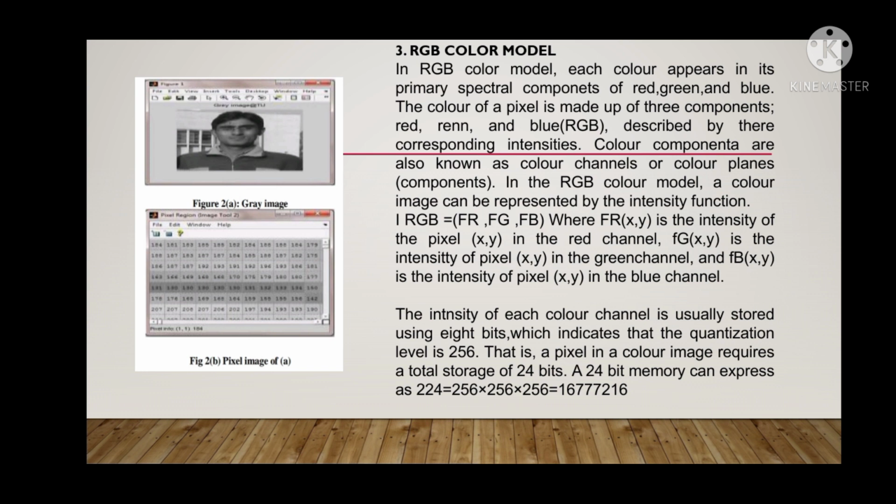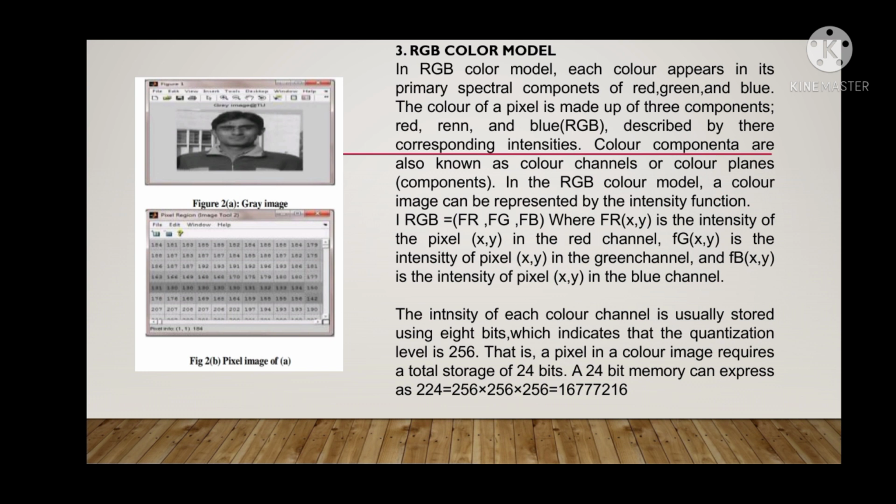The intensity of each color channel is usually stored using 8 bits, which indicates that the quantization level is 256. That is, a pixel in a color image requires a total storage of 24 bits.